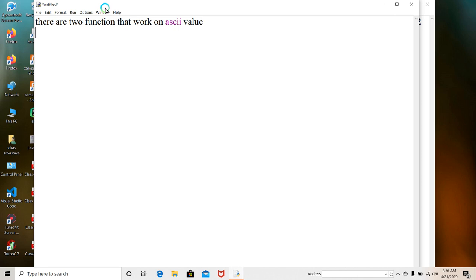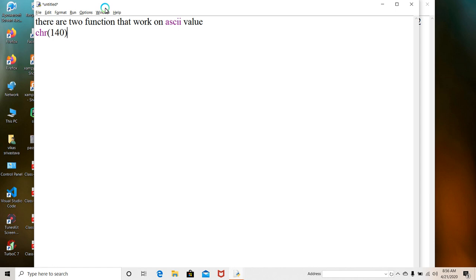What is that? We have two functions. One is CHR. What does CHR do? Whatever ASCII value we give, it returns the corresponding character. Here 140 we have given in the form of an integer, so it returns the corresponding character on your keyboard.